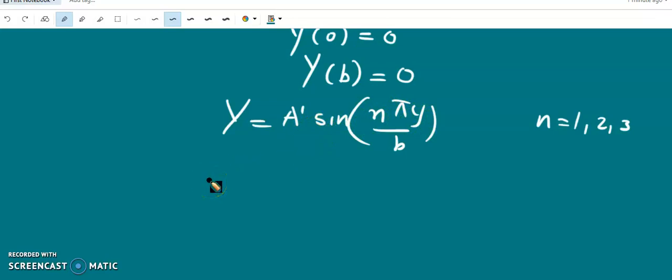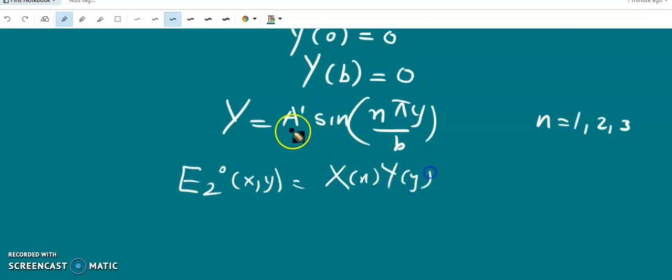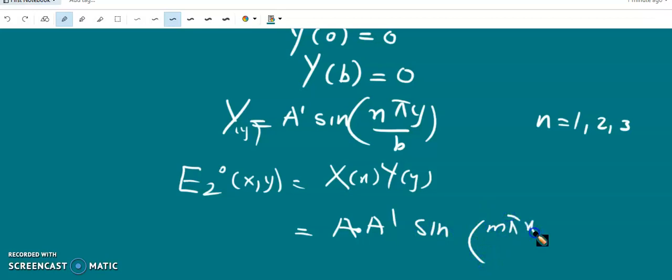Now we have seen that Ez0(x, y) is equal to capital X(x) into Y(y). Multiplying these, X(x) is A, into A prime sin (m pi x by a) into sin (n pi y by b).